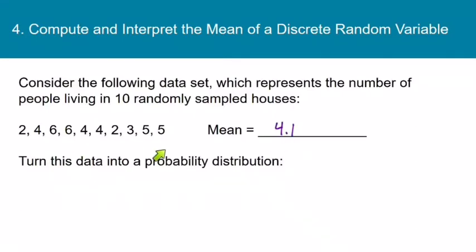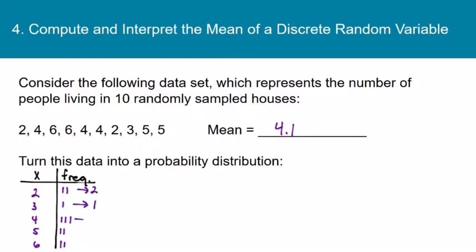Now let's turn this data into a probability distribution. So we'll say that our random variable x is the number of people living in each house, and therefore our possible outcomes are 2, 3, 4, 5, and 6. And then we'll need to tally up the frequency of each outcome. So there's a 2, a 4, 2 6s, 2 more 4s, another 2, a 3, and 2 5s.